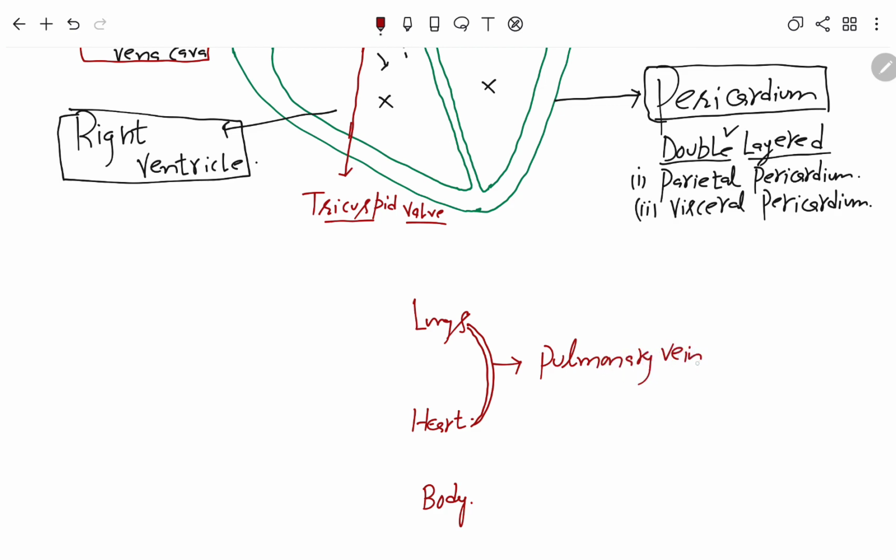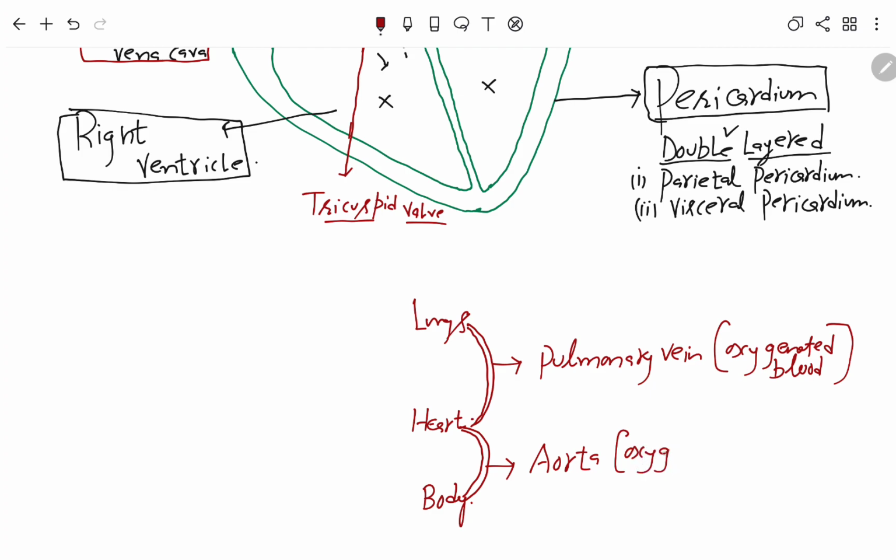The pulmonary vein will carry oxygenated blood. When it enters the heart, the heart will pump that oxygenated blood towards the body through the largest blood vessel, the largest artery, called the aorta. It is oxygenated blood. Now we are able to see the cycle. How does this blood move through the body?